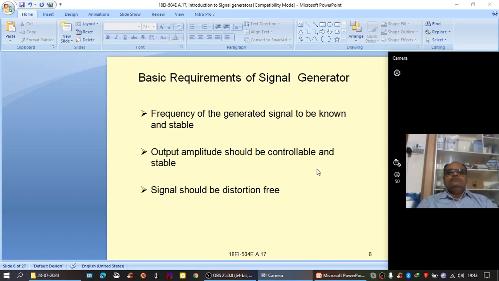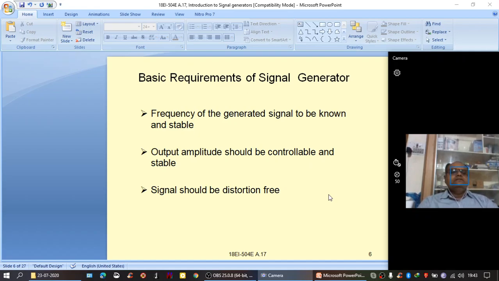A provision should be there in the signal generator to vary the amplitude. And the third one is that the signal produced by the signal generator should be distortion free. There should not be any distortion in the signal produced.